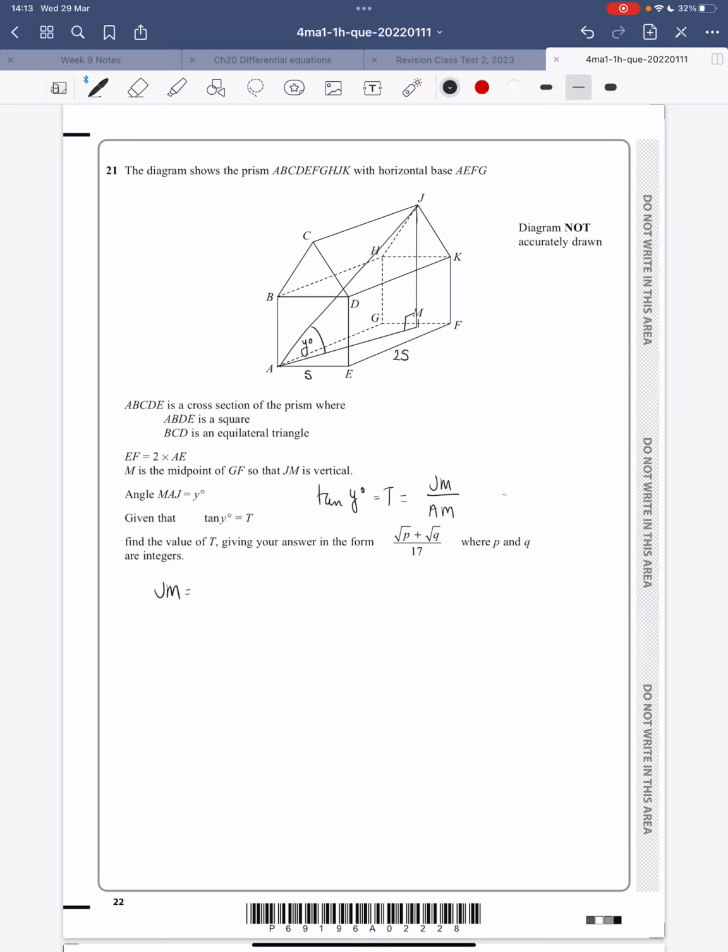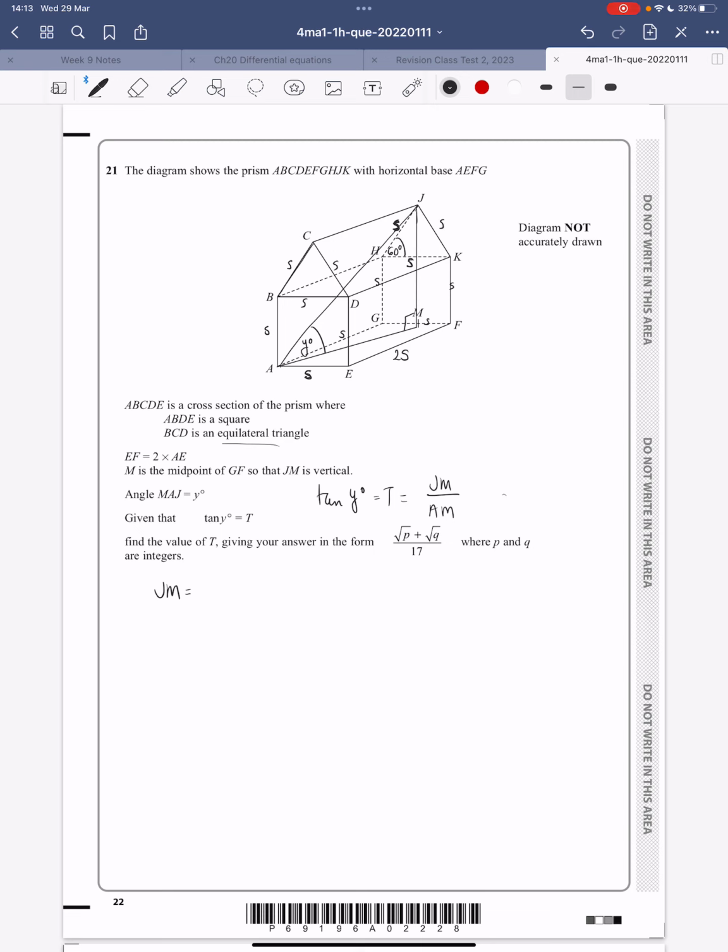So JM, now this is an equilateral triangle, so this is 60 degrees. This is S, because it's a prism, so all these are S's here, and they're followed through over there. And actually, because this is an equilateral triangle, these sides are also S's.